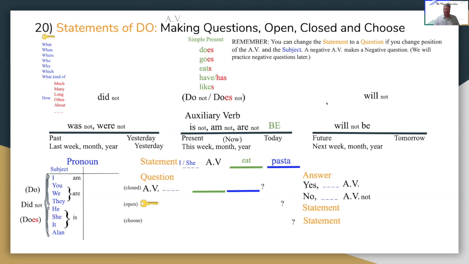We can use a key, and the key makes an open question. So when did you eat pasta? Where did you eat pasta? You can use most of the keys. We can't always use all of the keys.